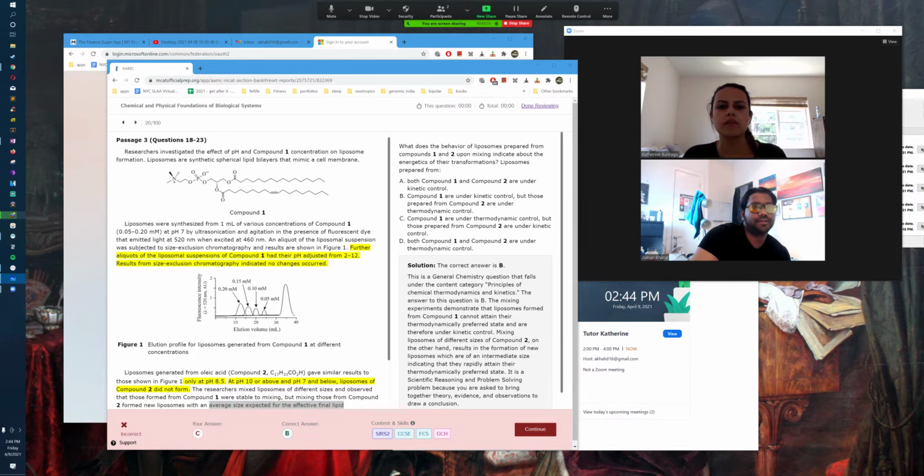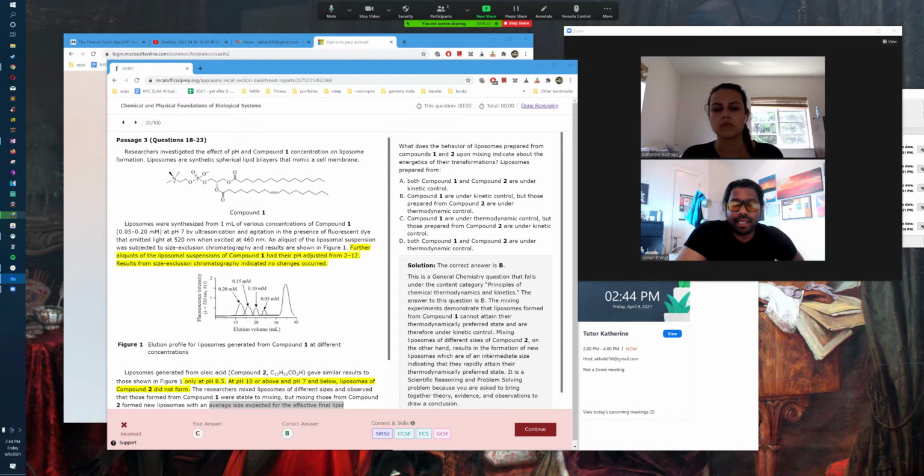I wouldn't think so, because if the liposomes that were formed from compound 1 are already formed, and then you mix them and they still keep their original form, then I would say that they are under thermodynamic control, just because the product is more stable.